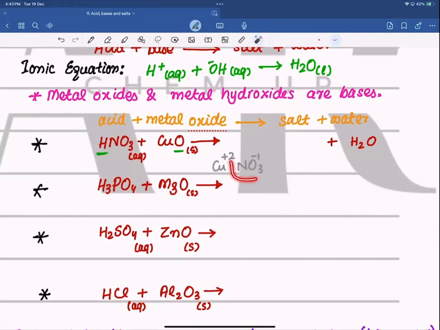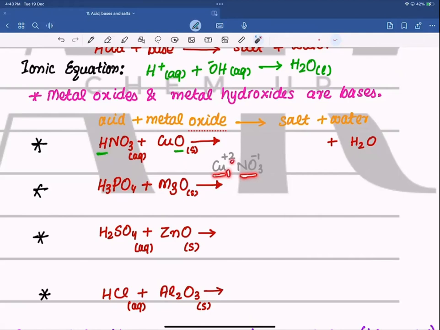The value of the charge, not the sign, the value of the charge is always moved to the subscript of the other ion. For example, if I'm comparing copper and nitrate, the nitrate has a -1 charge. So the 1 from -1 moves to the subscript of copper, and I know there is no need to write 1 over here.